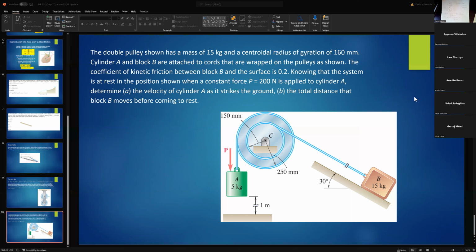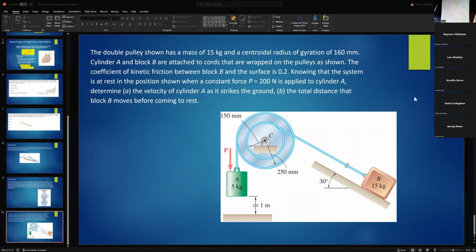If you think about it, A is going to accelerate downward, but we have to account for the fact that it's being resisted by the 15 kilograms that has friction, plus it's going up an incline. You also have to consider that once A hits the ground, B is going to continue moving because it has some final velocity, and it doesn't just stop instantly. It's going to continue to slide up the hill until it reaches 0.